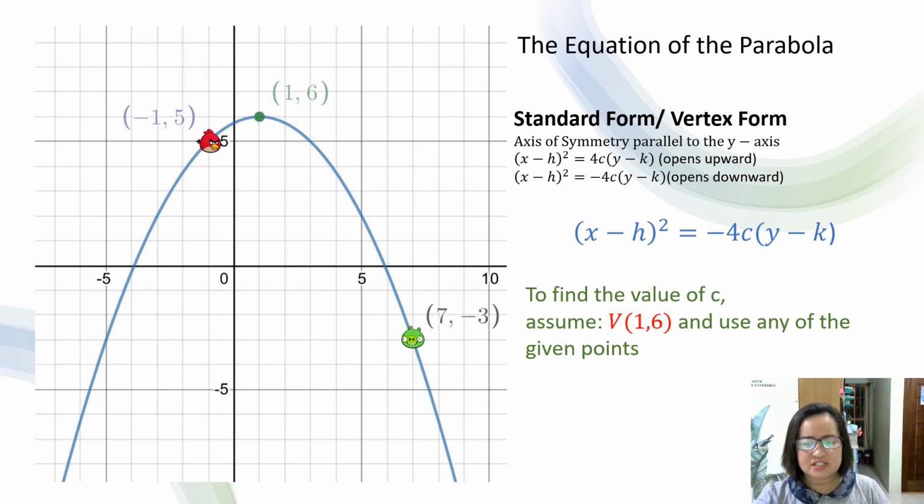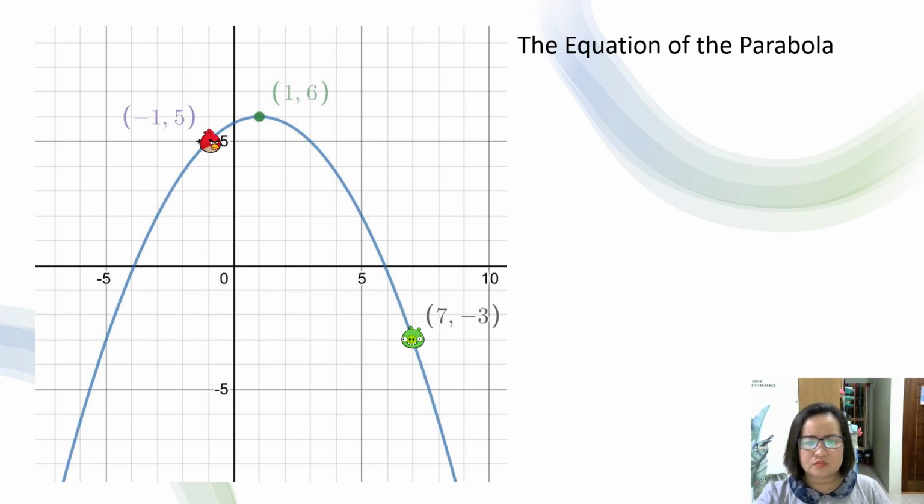So in this case, we will use 1, 6, and I'll choose the point 7, -3. Using the vertex at 1, 6 and a point at 7, -3, we would be able to get the value of c.